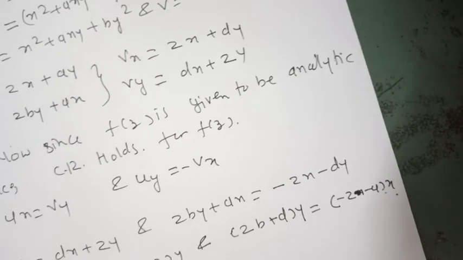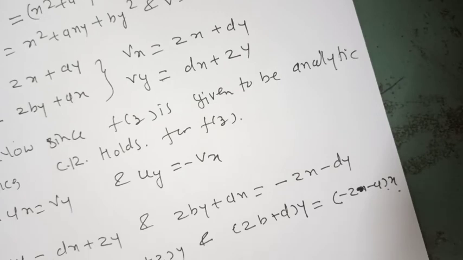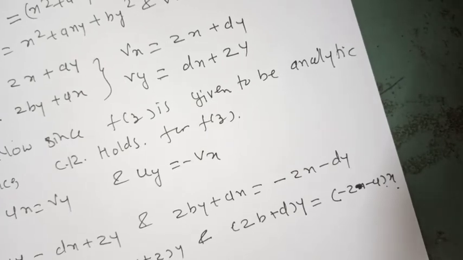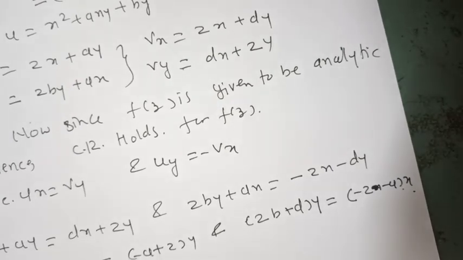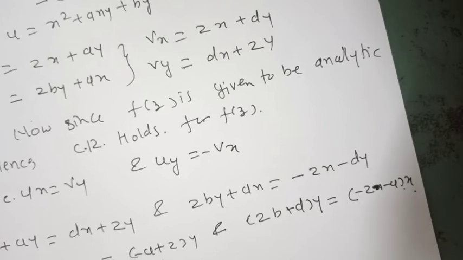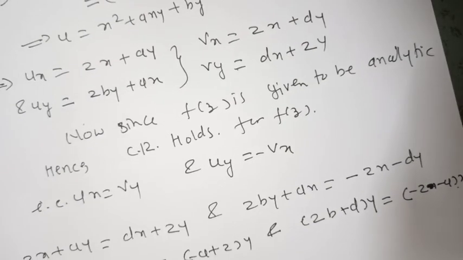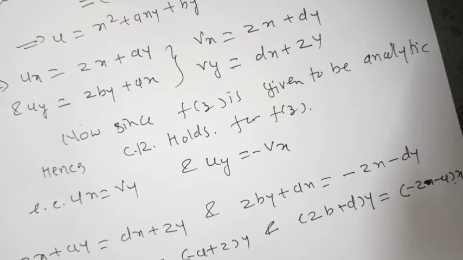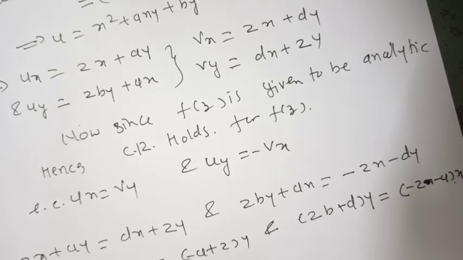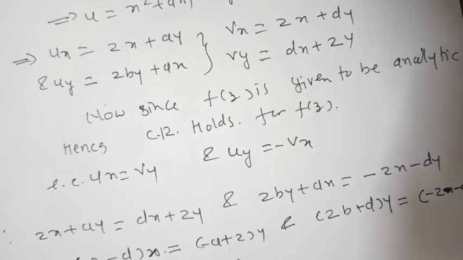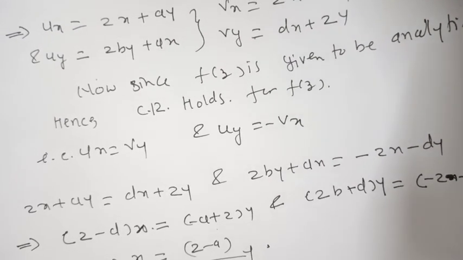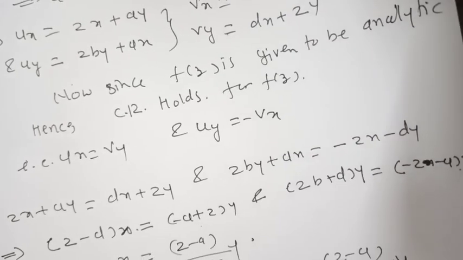In this way, the analytic function and CR equations are applicable to solve examples for the function f of z, which becomes u plus iv. And if it is analytic, then different types of examples we can solve.